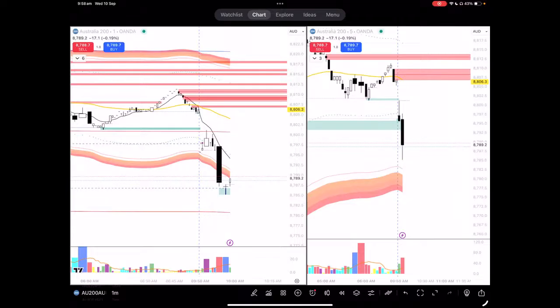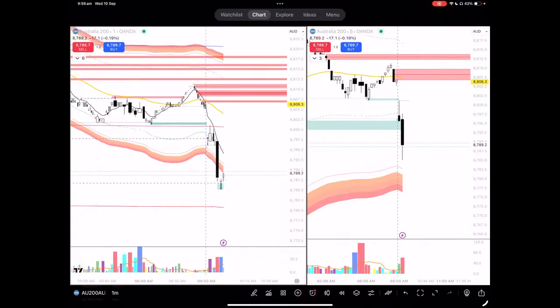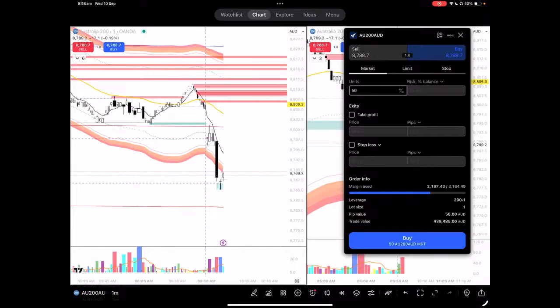I would probably go for a buy. I am right now biased towards that movement. I will place it here.